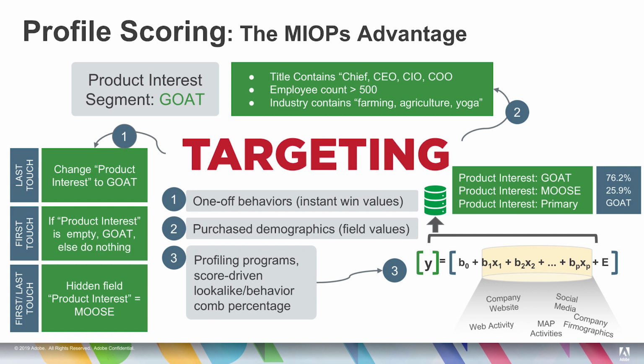And for example, if there's a goat versus a moose competition, the goat might have 76% likelihood to be interested in that product versus a moose product interest might be only 24%. And that means comparing those numbers, a human would say greater number is the best, and therefore we should standardize on that. And you can do that with marketing intelligence operations, and that is massively valuable.